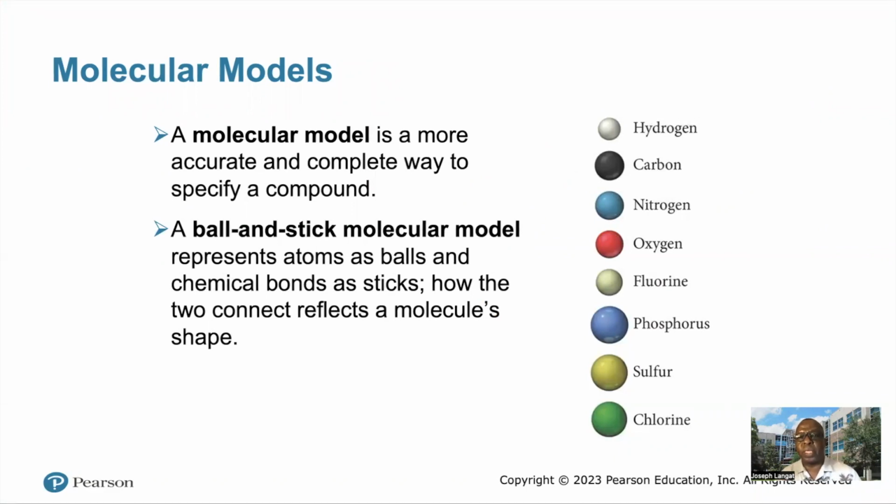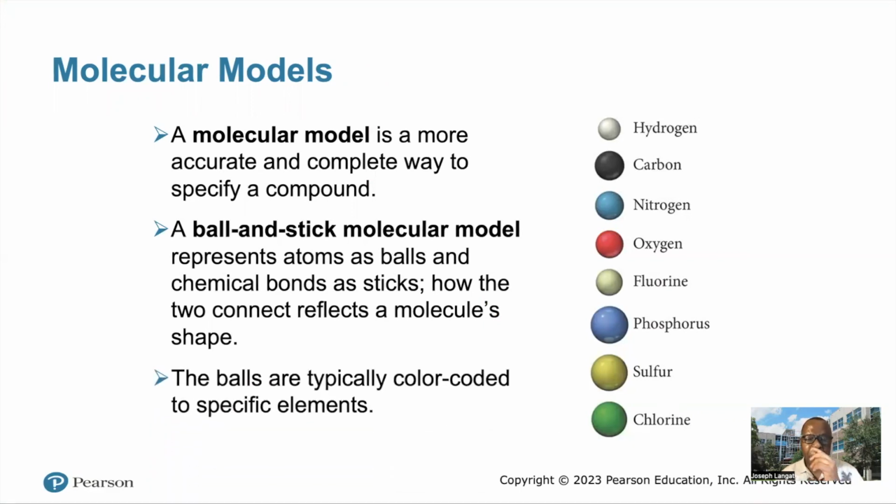When you look in the text, hydrogen is represented by a white sphere, carbon a black sphere, and of course, you can recall they have 4 holes for carbon. Hydrogen has 1 hole representing the valence electron. Remember that. The color coding represents the actual atoms. They are color coded to specific elements, so it will never change.